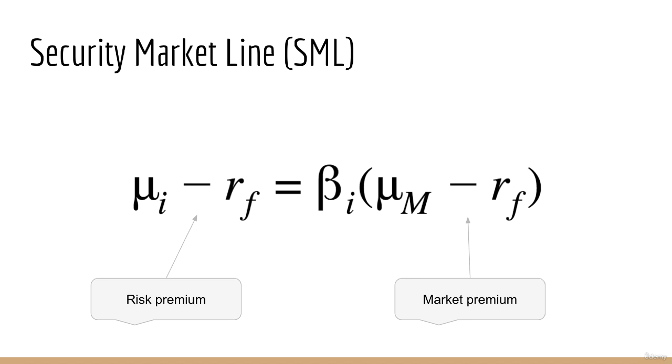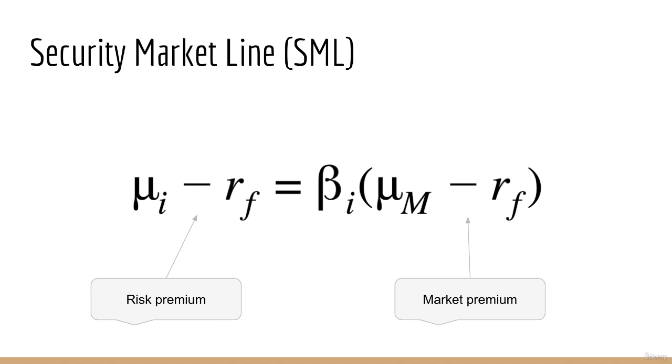There are some other interesting points about the CAPM, which are worth discussing. Although we won't go into the derivation right now, there is another line called the security market line, which tells us the return on each individual asset. The basic idea is, it is a linear regression of the asset's excess return on the market's excess return.